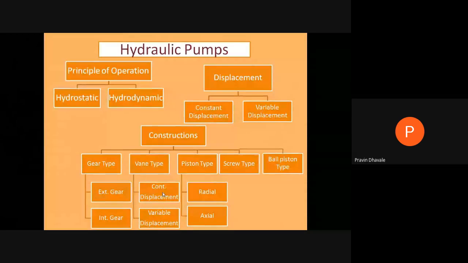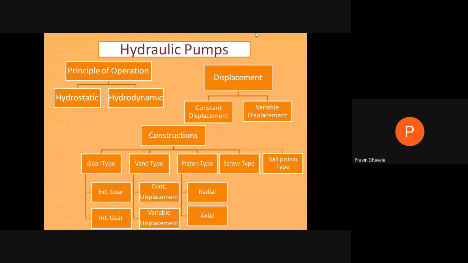If we consider displacement as a criterion, these pumps are classified as constant displacement pump and variable displacement pump. If the construction is considered as a criterion for the classification of the hydraulic pump, it will be categorized into gear type, vane type, piston type, and screw type.